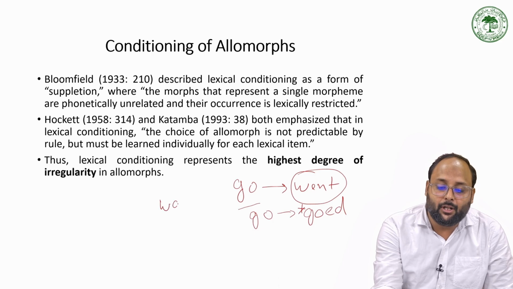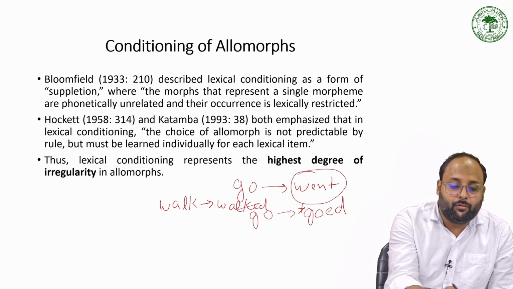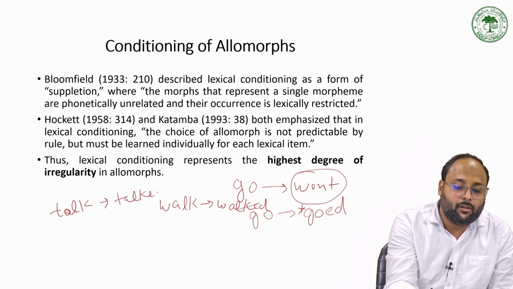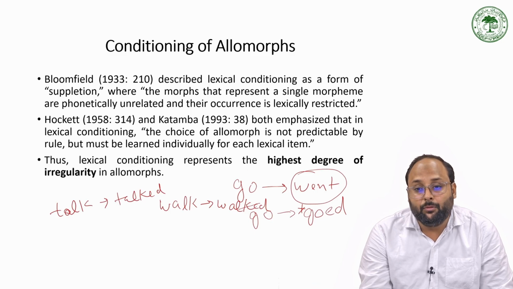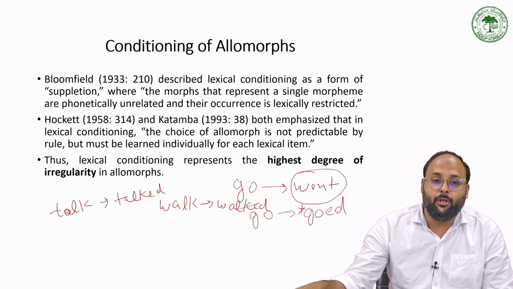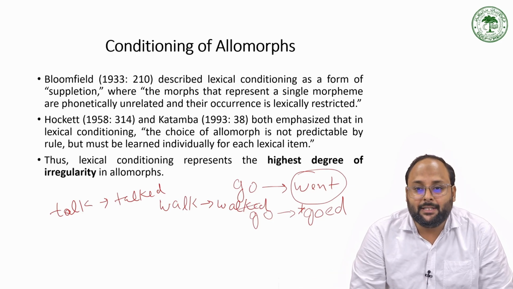When you make the past of walk, it is walked. When you make the past of talk, it is talked. But in this case, it is the irregular form. Go becomes went. So these irregular forms can be considered suppletion. Suppletion is also one example of lexical conditioning.